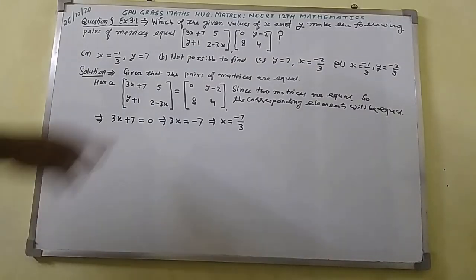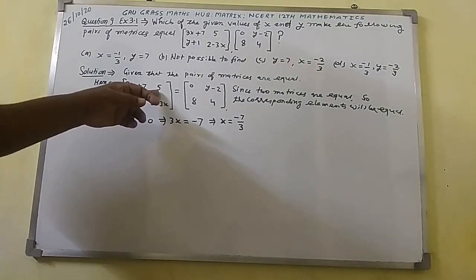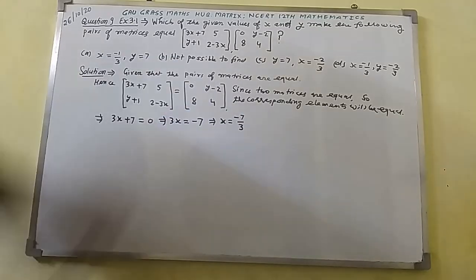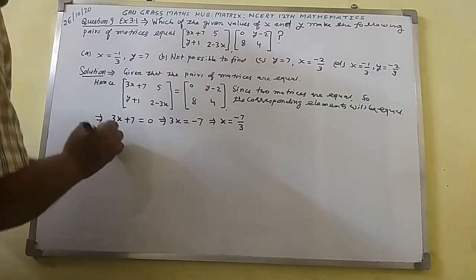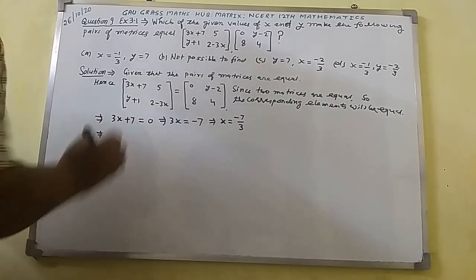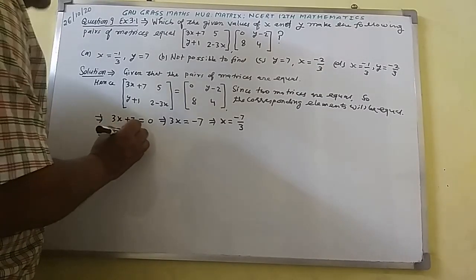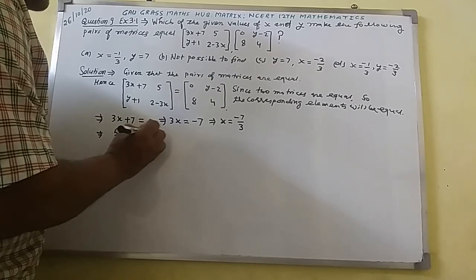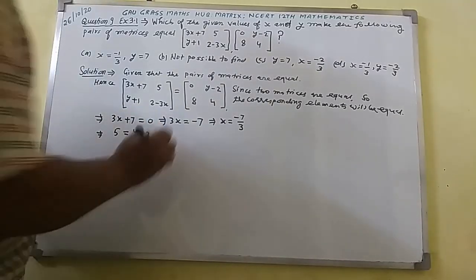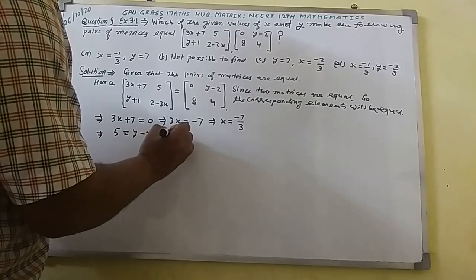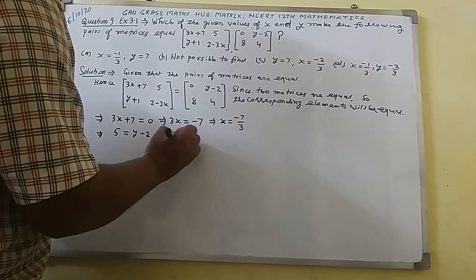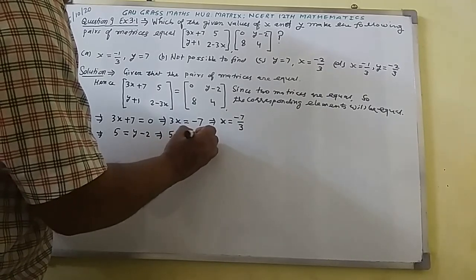And now here you can see this one, 5 equal to y minus 2. The corresponding element of 5 will be y minus 2. Both will be equal here. So you can write 5 equal to y minus 2.